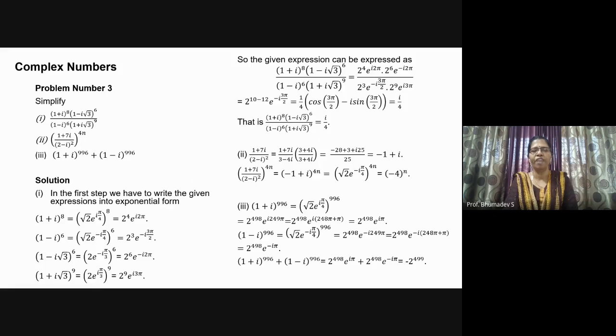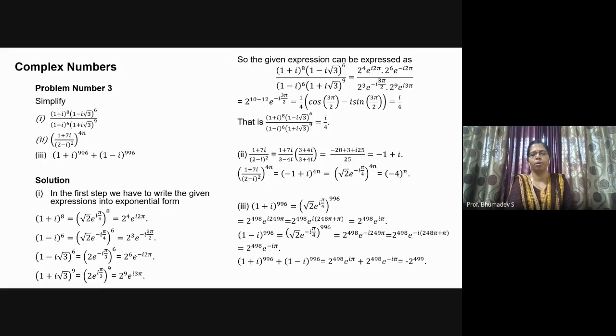The simplified part you will have is 2 to the power of 498 into e to the power of i pi. After applying all the rotation angles, finally we are getting e raised to i pi. The same way you can get it for 1 minus i the whole power 996. The simplified answer is 2 to the power of 498 into e raised to minus i pi.